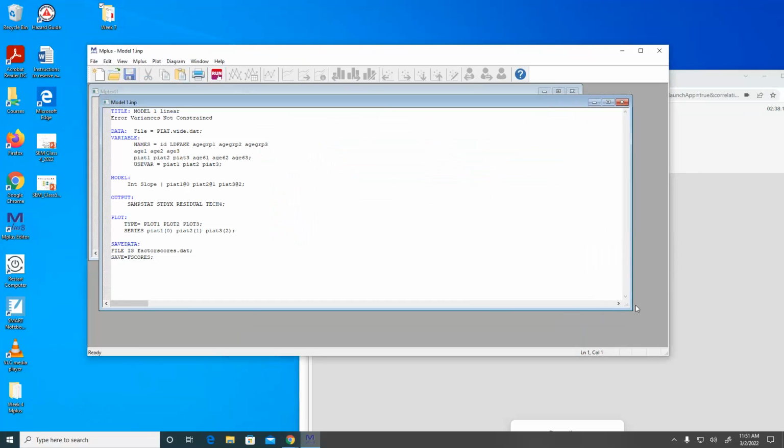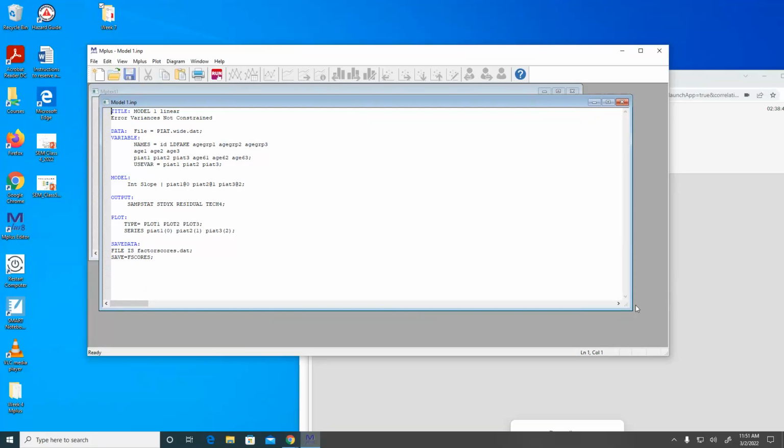So here I've got, again, a wide data file. So the scores across the 3 time points are variables. It's not in a long format the way you would have in multi-level modeling. Here are the names of the variables. So I've got an ID variable, LD fake, which is going to be our exogenous variable, and then I've got some different age variables that we're actually not going to use right now.